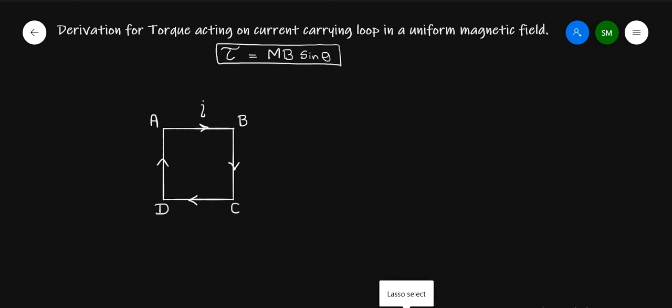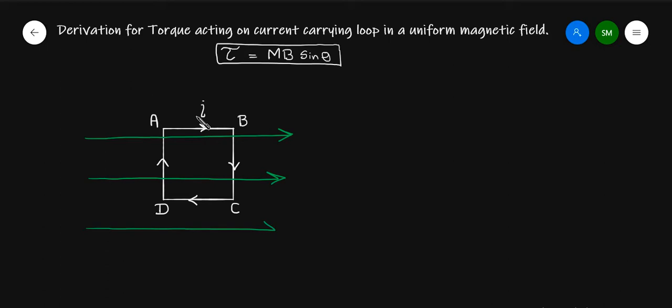Now let's start with the derivation. Suppose this is a rectangular coil, its name is ABCD. As you can see, this coil is carrying a current I, and now it has been placed in a magnetic field like this. Suppose this is a magnetic field. The lines that I am drawing right now are the magnetic lines of force.